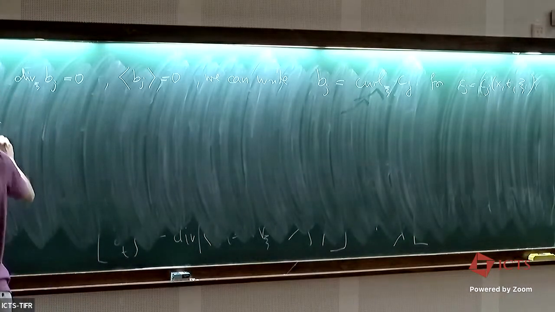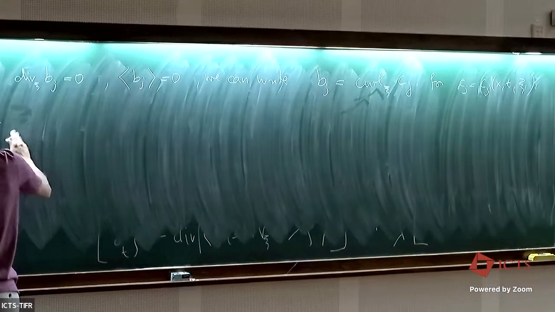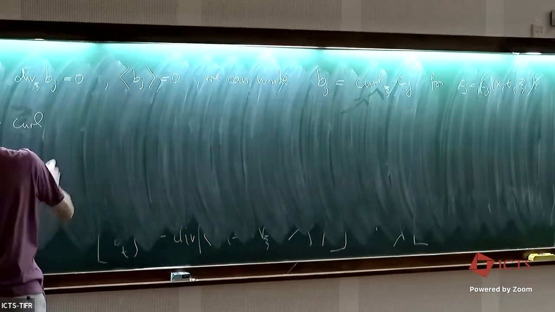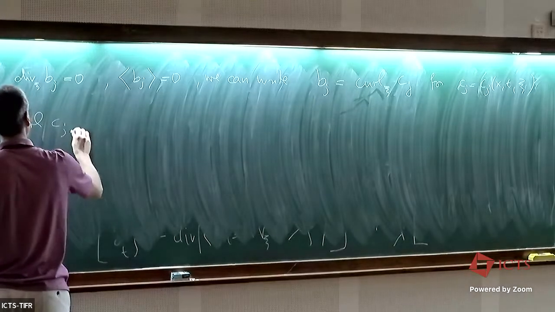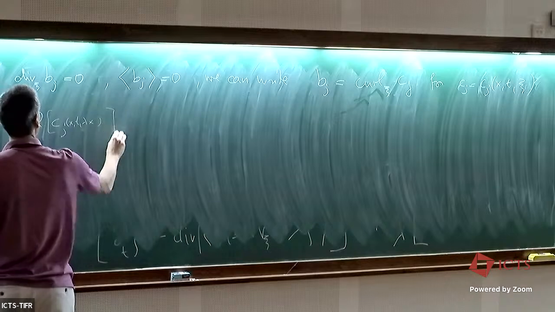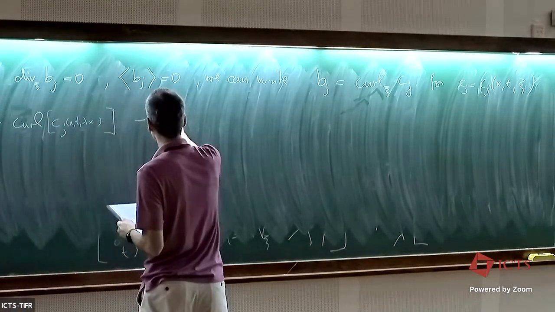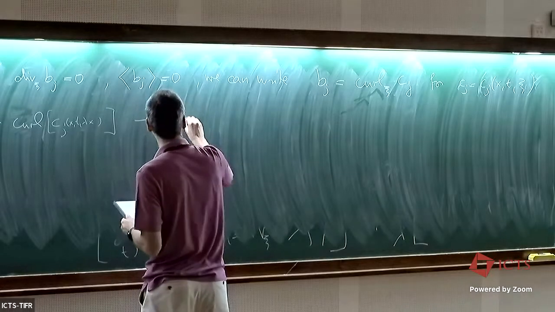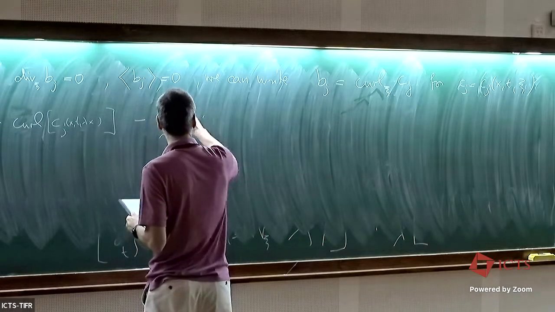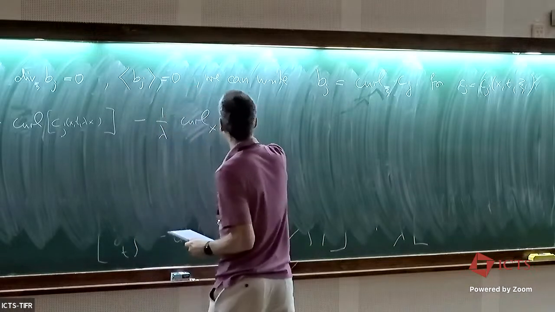I can write Bj as 1 over lambda times the total curl of Cj x. Now I'm thinking of this as curl with doubling the variables, minus 1 over lambda times only the partial curl in x, Cj.